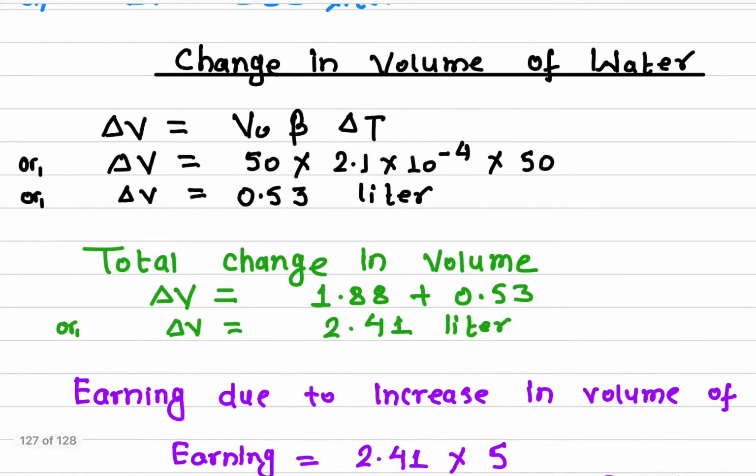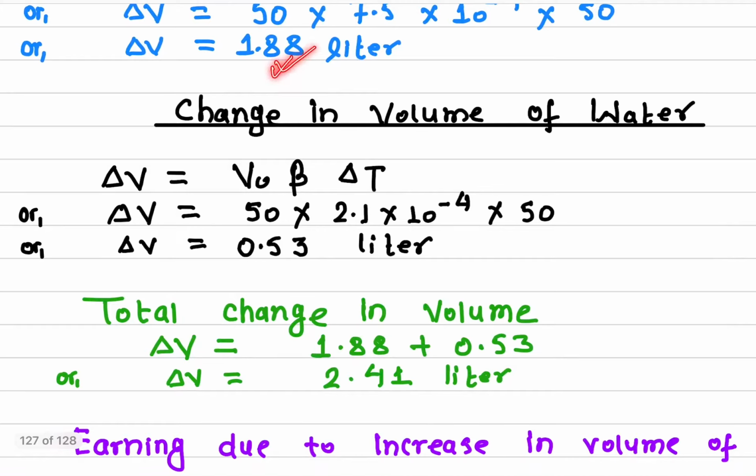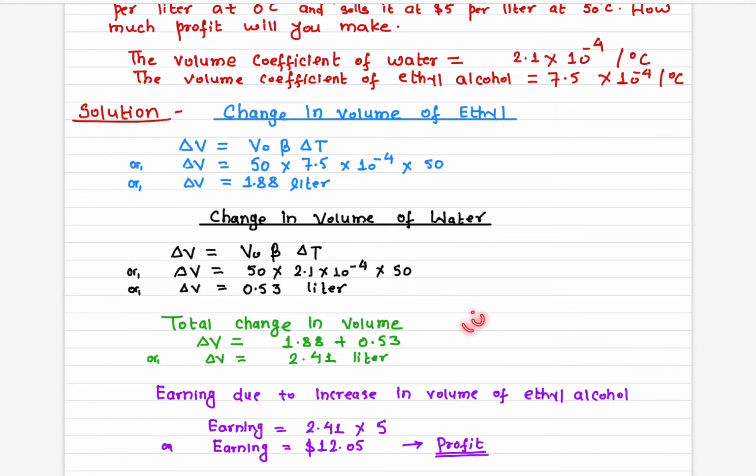The total increase in the volume is these two numbers added together, 1.88 plus 0.53, which is 2.41 liter. So you have now not only 100 liter, but you have 100 plus 2.41 liter, which is 102.41 liter.